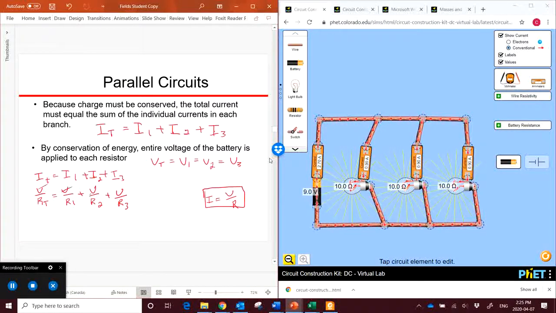Dividing out the V's, we're left with the equation 1 over RT equals 1 over R1 plus 1 over R2 plus 1 over R3. So this is the equation for our resistance. So again, for parallel circuits, we have our current, voltage, and resistance equations for circuits in parallel.